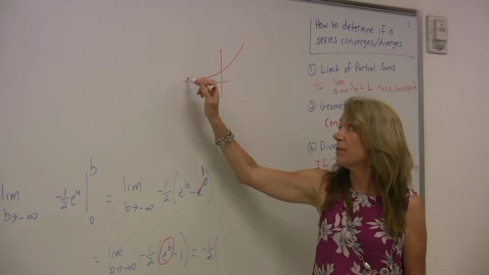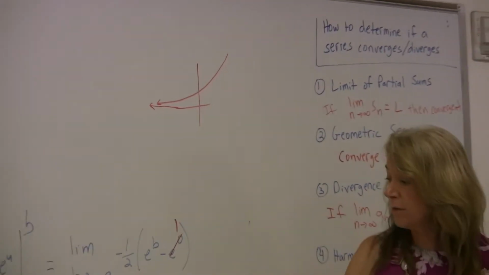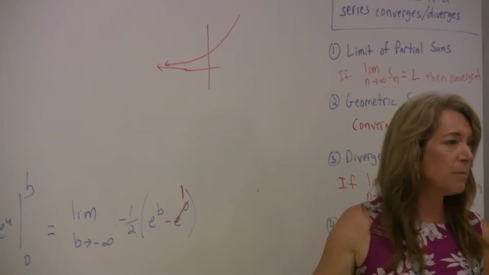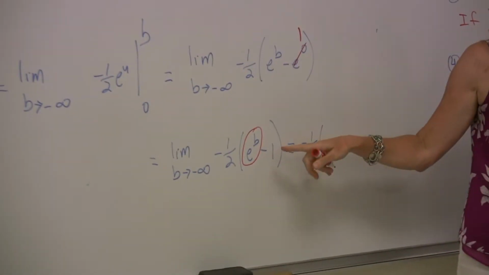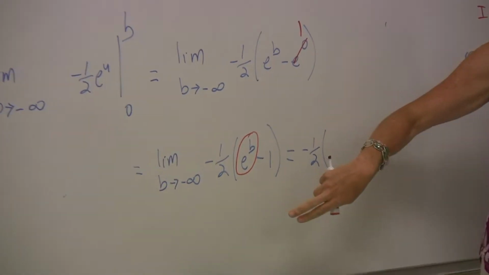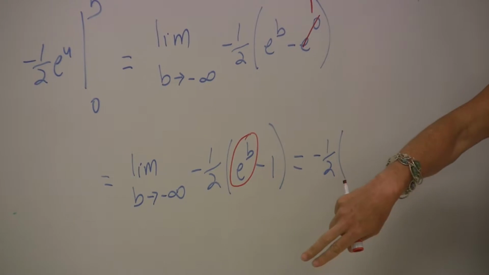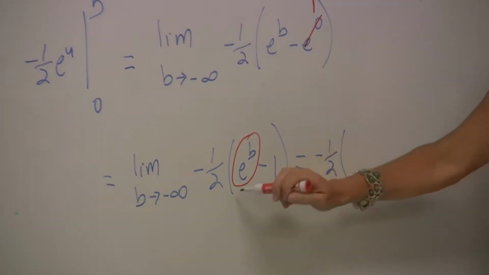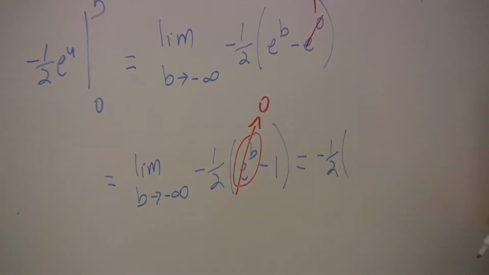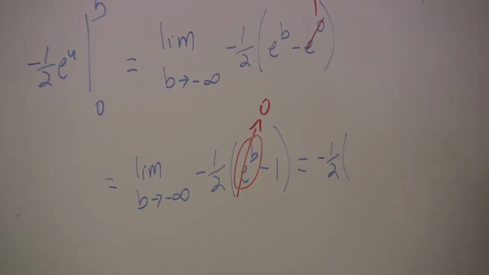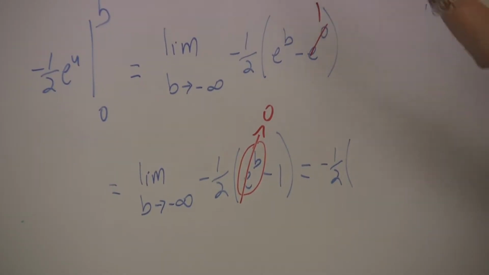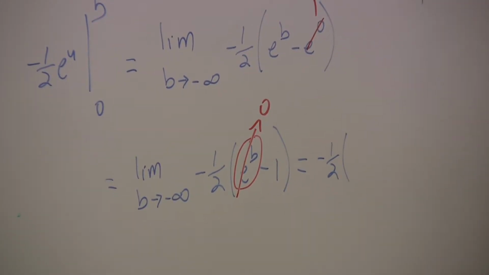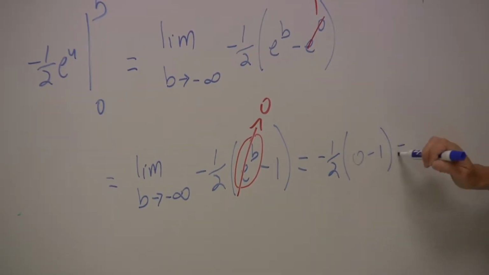Or if you think of this as e to a negative exponent, what's a negative exponent do? Flips it upside down, right? So you've got your infinity in the denominator. So this term is heading towards 0, either because the graph's approaching 0, or because of the negative exponent. So this equals 1/2.